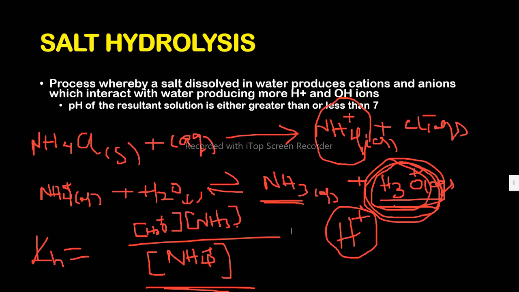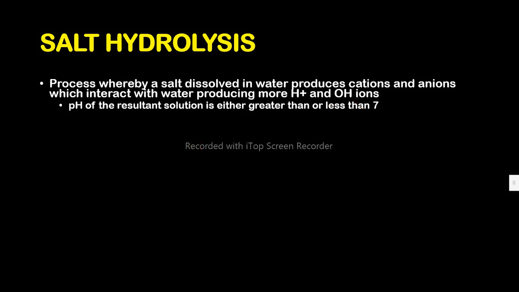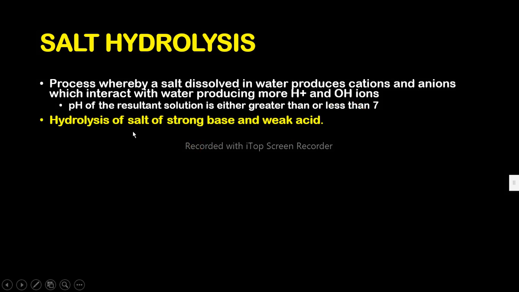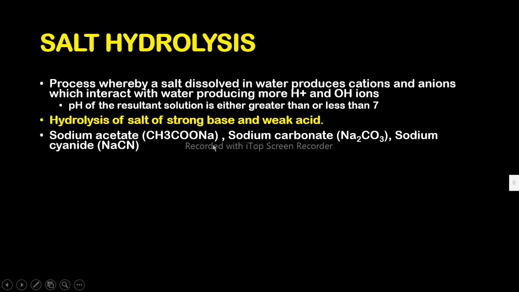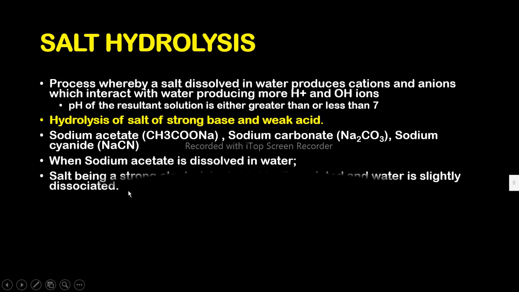So let's proceed. Now, the hydrolysis of a salt of a strong base and a weak acid, and we have already talked about all this. For example, sodium acetate, sodium carbonate, and sodium cyanide will still ionize. I've already explained this.